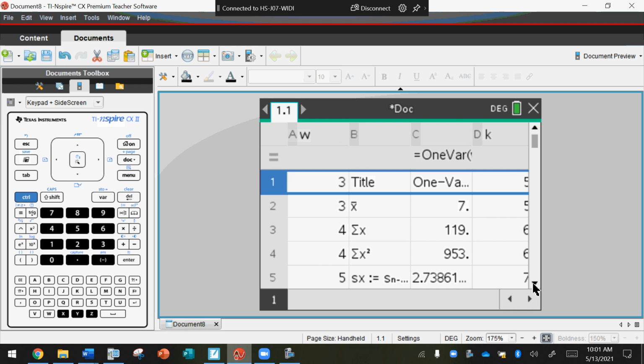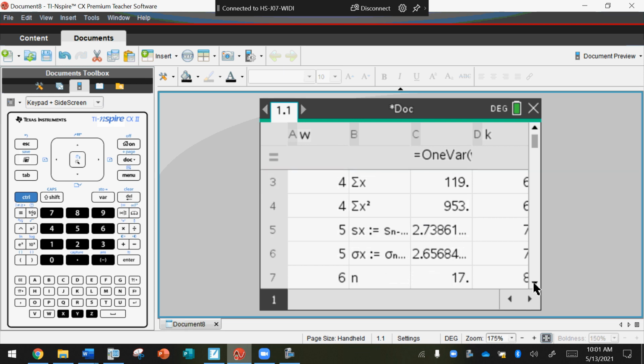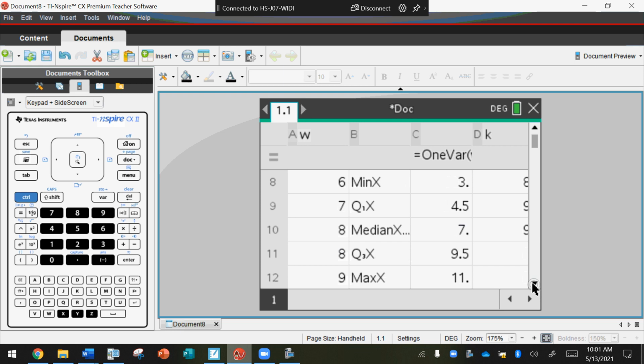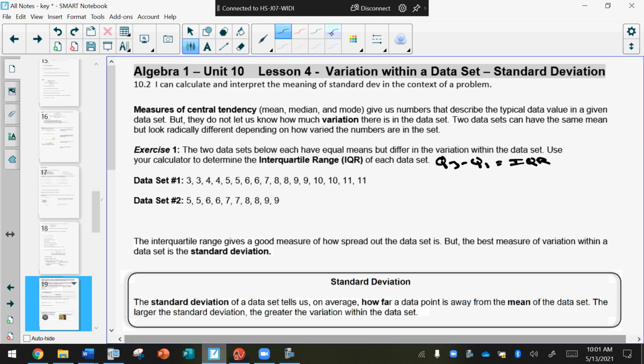So if I scroll down with my data set number 1, I can see that my Q3 is 9.5 and my Q1 is 4.5. All right, so back over to here for data set number 1. Q3 was 9.5 minus Q1 of 4.5 gives us an interquartile range of 5.